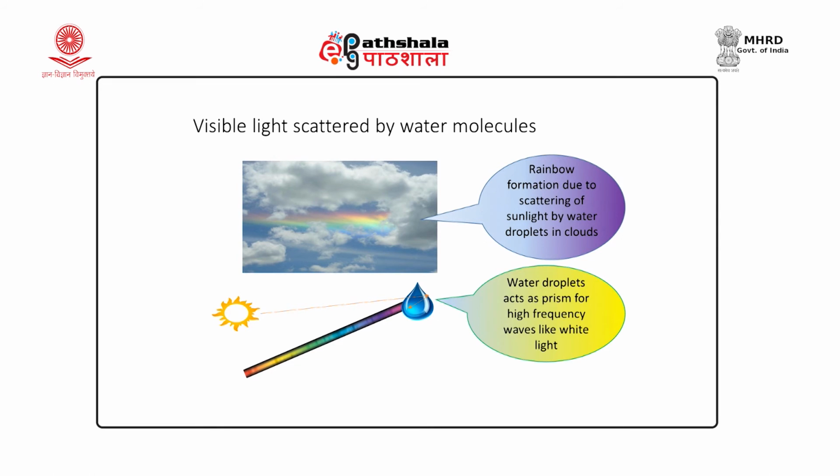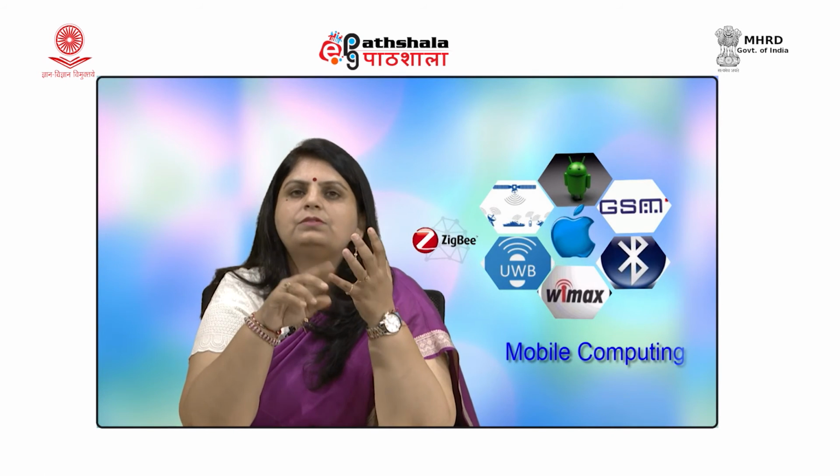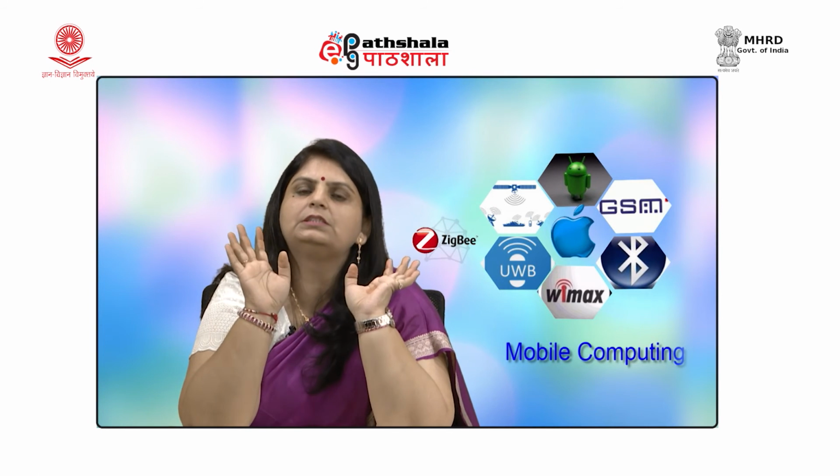So, what happens is that when this visible light falls on water droplets, they actually act as a prism. What is a prism? A prism is that object which converts the signal or the wave into its constituent signals. And what are the constituent signals of white light? The 7 colors: violet, indigo, blue, green, yellow, orange, red.